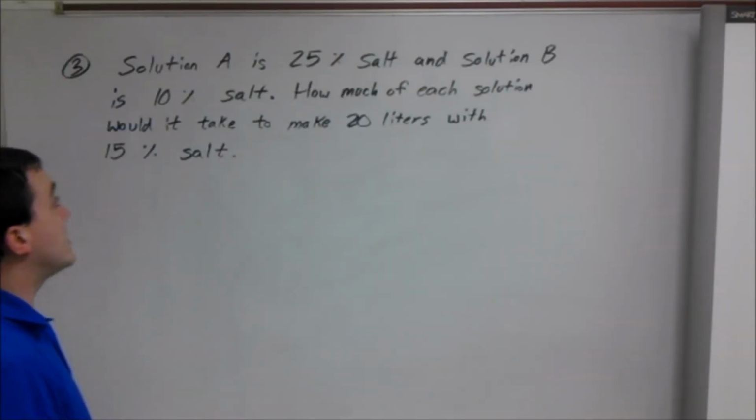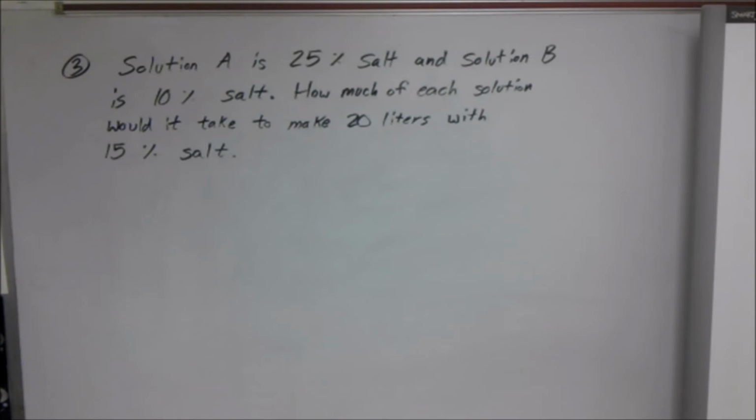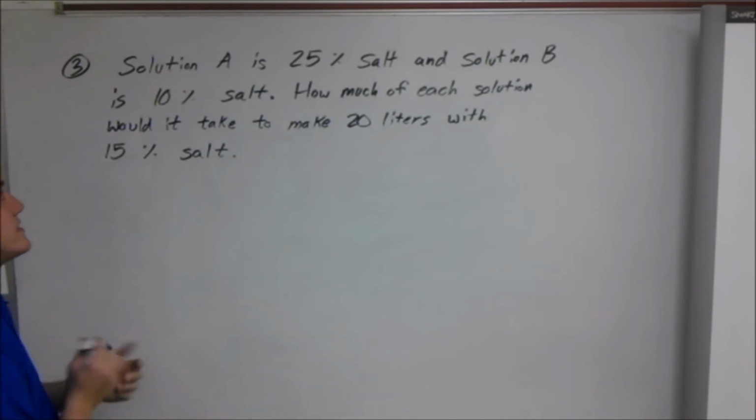Okay, and the last problem I have for today. Solution A is 25% salt, and solution B is 10% salt. How much of each solution would it take to make 20 liters with 15% salt? Okay, so we have 2 solutions. Those are measured in liters.